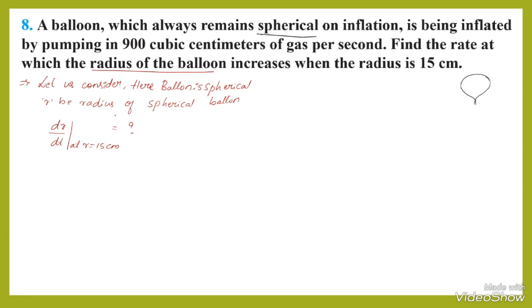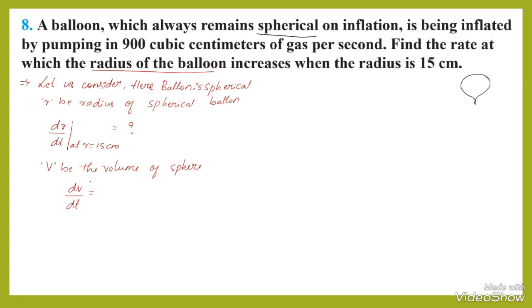So first I take the volume of the sphere. Spherical means it's purely a sphere. Now let V be the volume of the sphere, and the volume changes with respect to time, dV by dt.